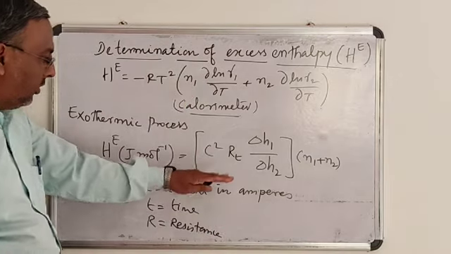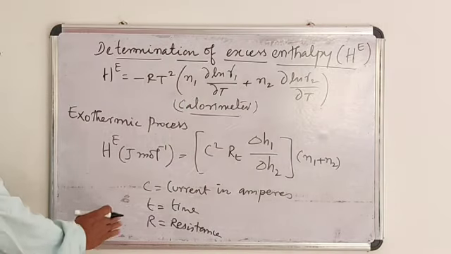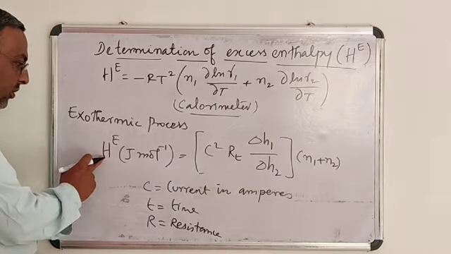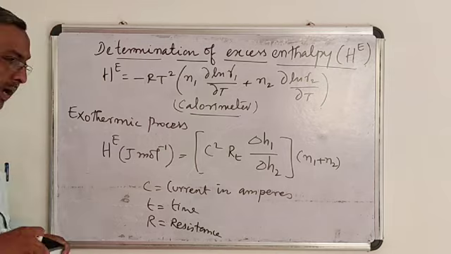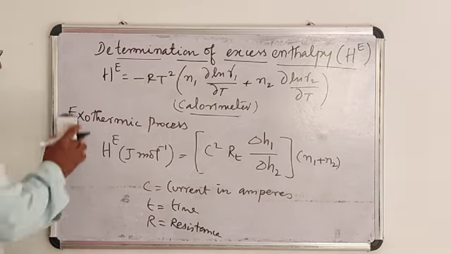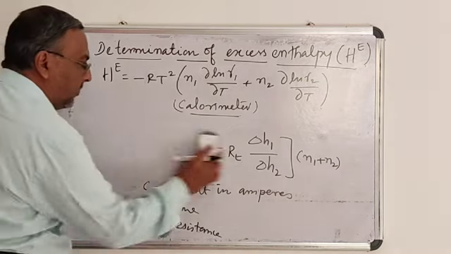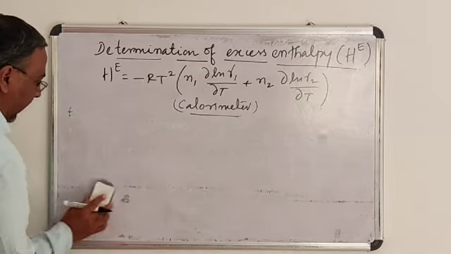So when we know all these values, we can easily find out the excess enthalpy when it gives out heat energy, that is, in the case of an exothermic process, particularly in the case of positive deviation. But if it is an endothermic process, that also can be calculated.